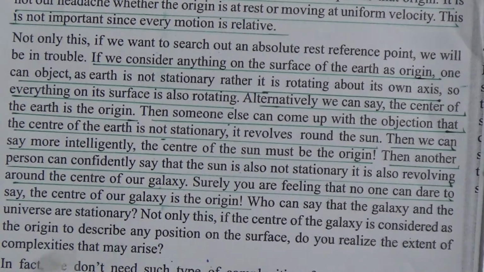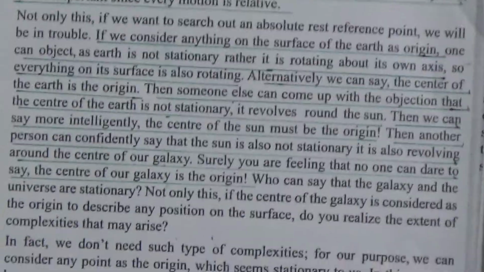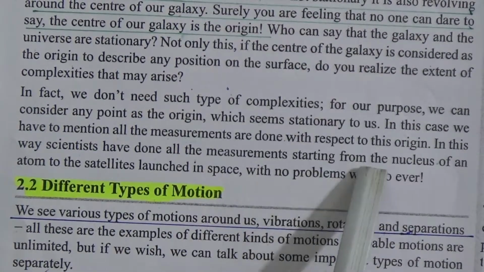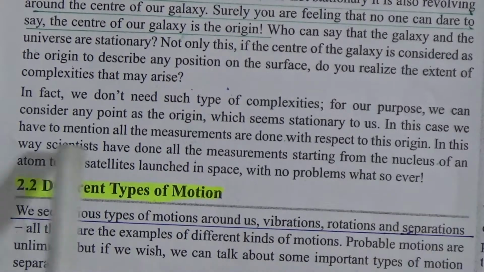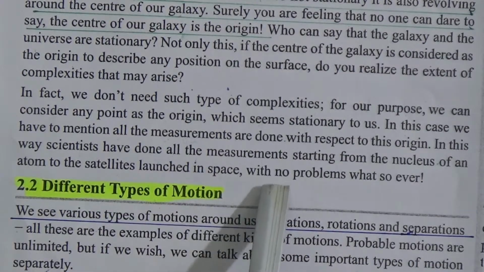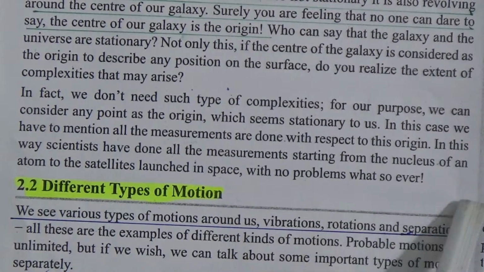In this case, we have to mention all the measurements are done with respect to this origin. In this way, scientists have done all the measurements, starting from the nucleus of an atom to the satellites launched in space, with no problems whatsoever.